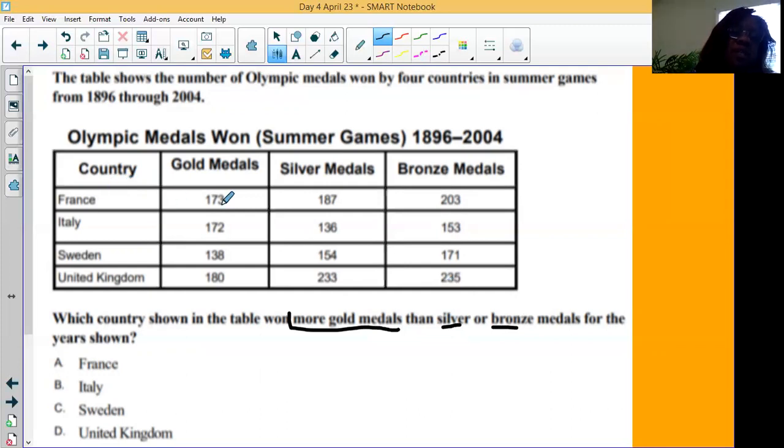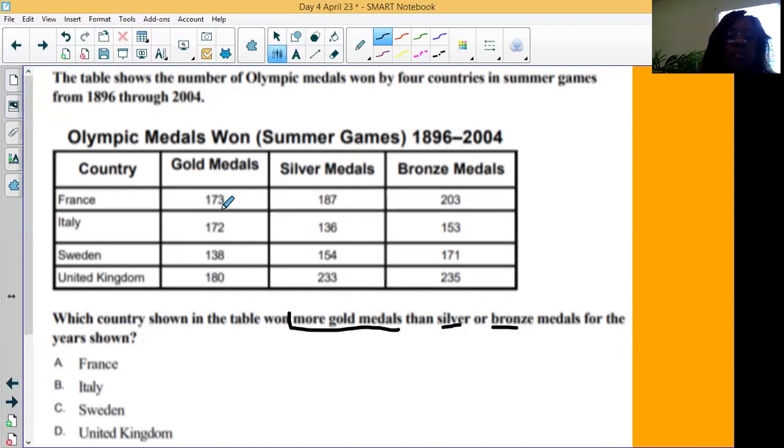I know that France had 173 gold medals compared to 187 silver medals. My job is to see which country had more of these than these, how many had more gold medals than silver medals, and how many had more gold medals than bronze.